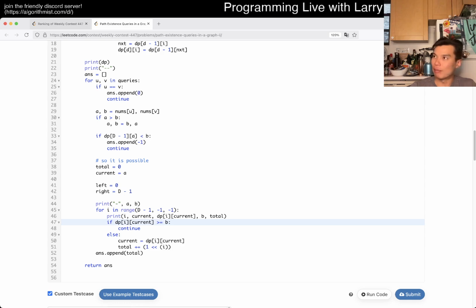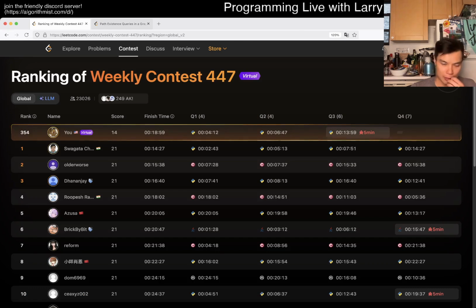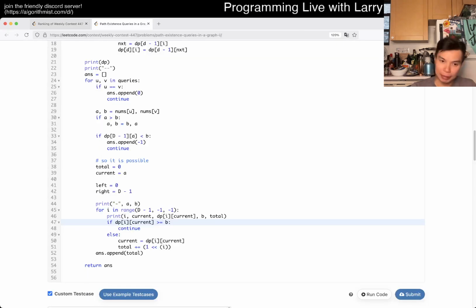People who are very good at binary search know this one, but I struggle with this because I don't do it this way. Okay, so if it's exactly B, I want to write something like this. It's okay.